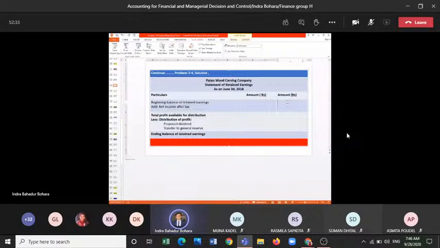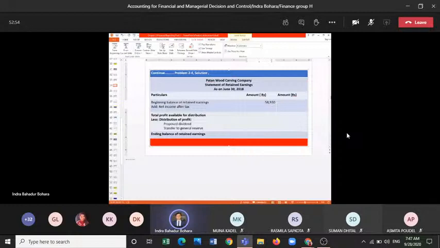So we are given the beginning balance of retained earnings 58,930. Then add net profit, which we just now calculated, 29,400.